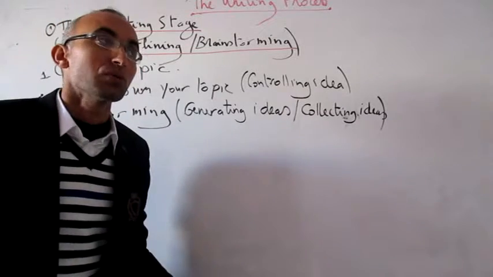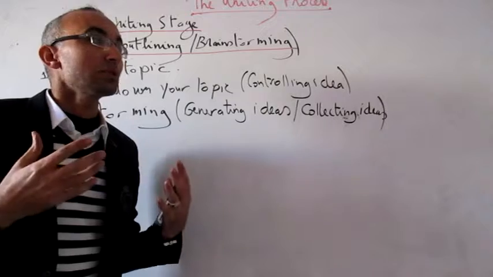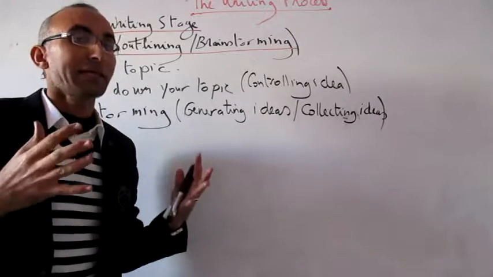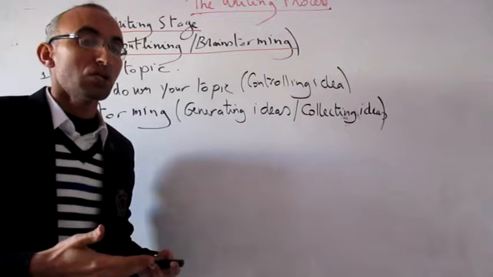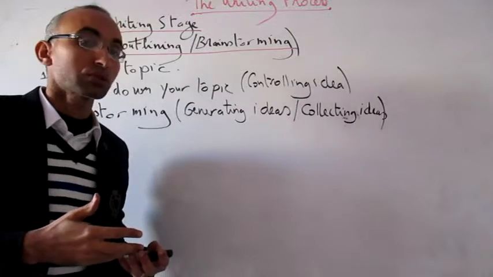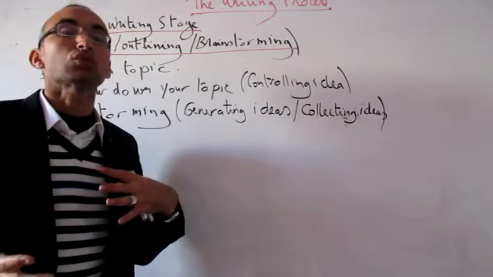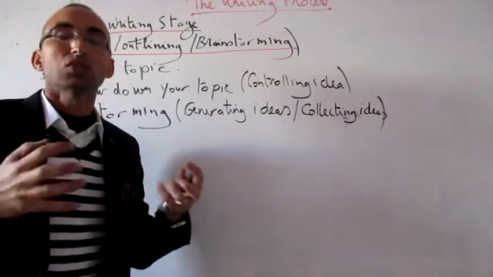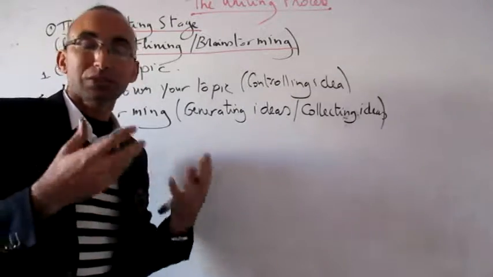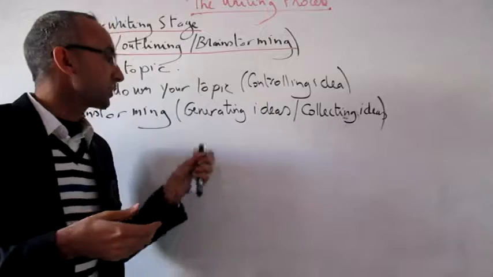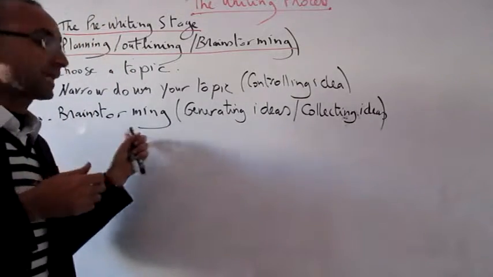Now, many ideas I would like to collect and write them down on my rough paper. Here, of course, there are many ways or many strategies I can follow, use and adopt in my brainstorming step.